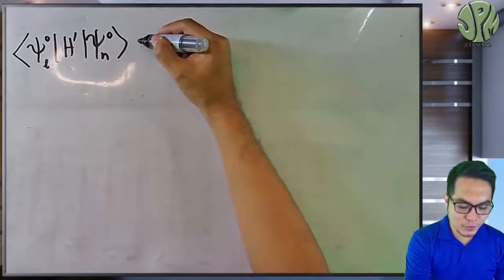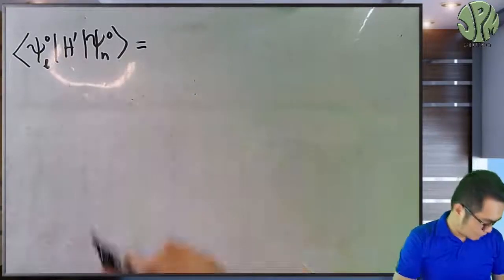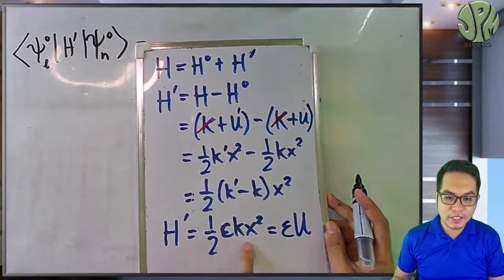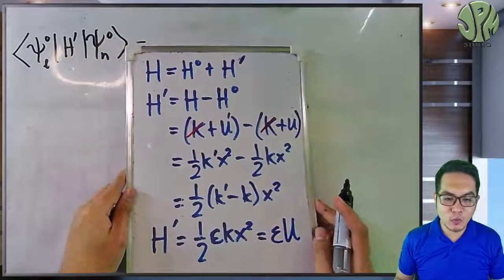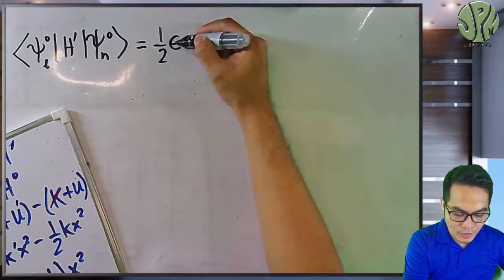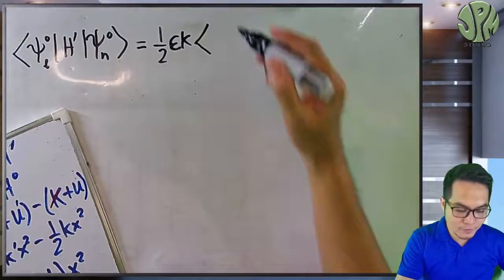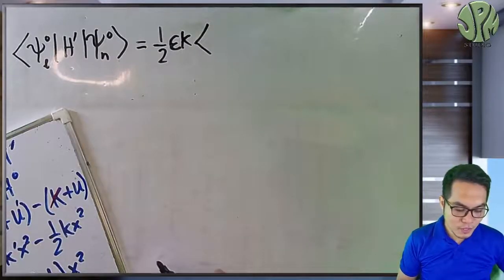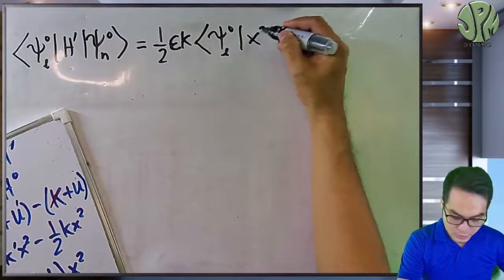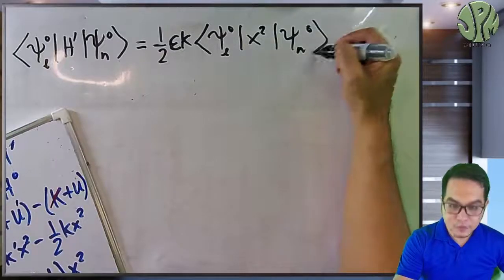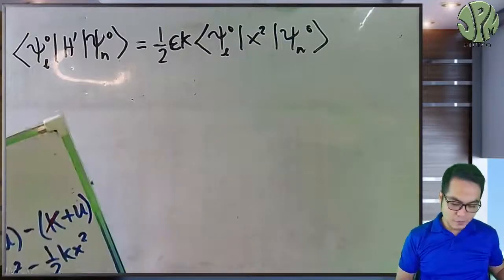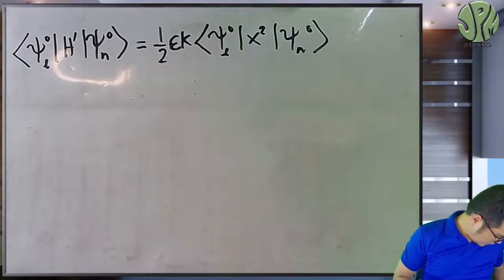So we are forced to use the expanded version of H prime, which is 1/2 epsilon kx squared. So we take 1/2 epsilon k out of the expectation value, and you will have psi L0, x squared, psi n0. So this is basically the expectation value of x squared with respect to psi L0 and psi n0.